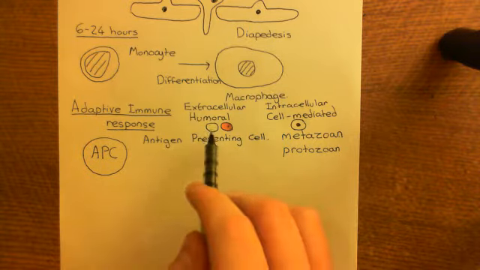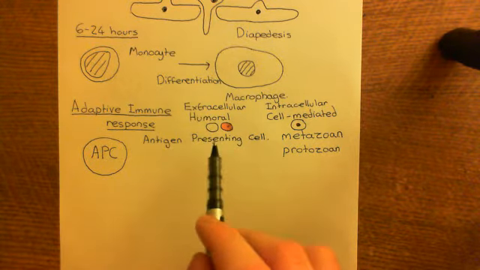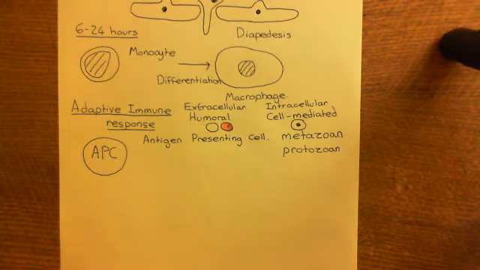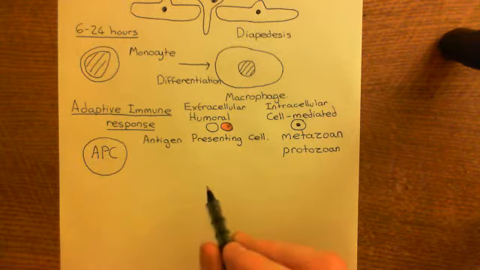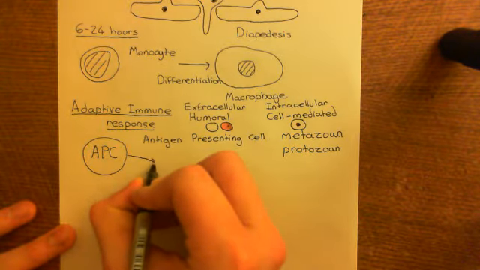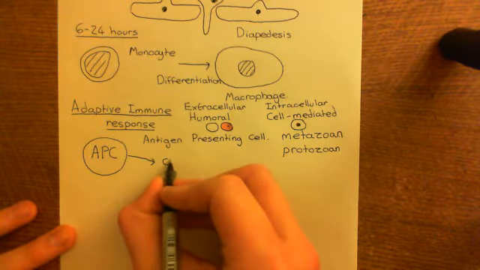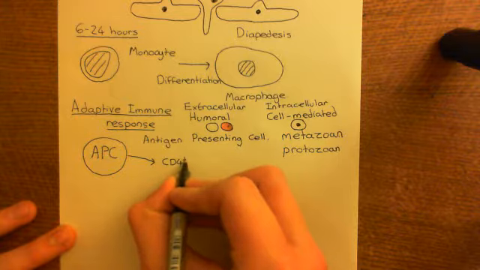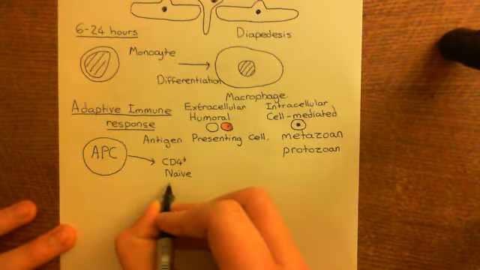So we'll start off with the extracellular humoral response. Basically, what's going to happen is this antigen-presenting cell is going to go to the lymph node, and it's going to activate, and this is very, very watered down, CD4 positive naive T cells. Okay, naive T cells.